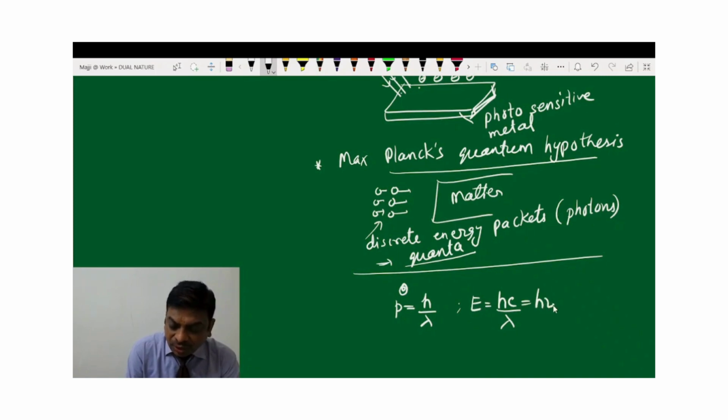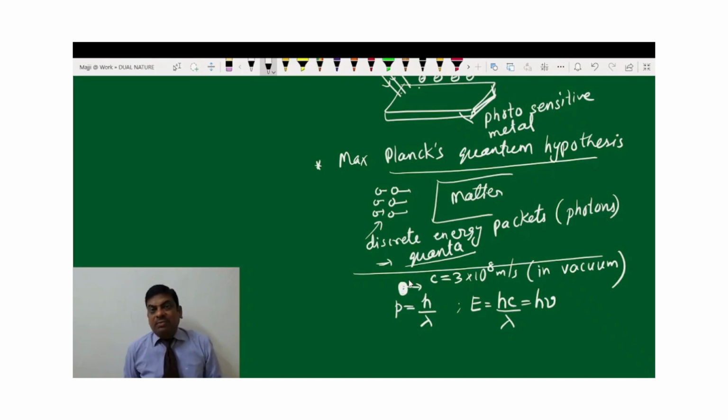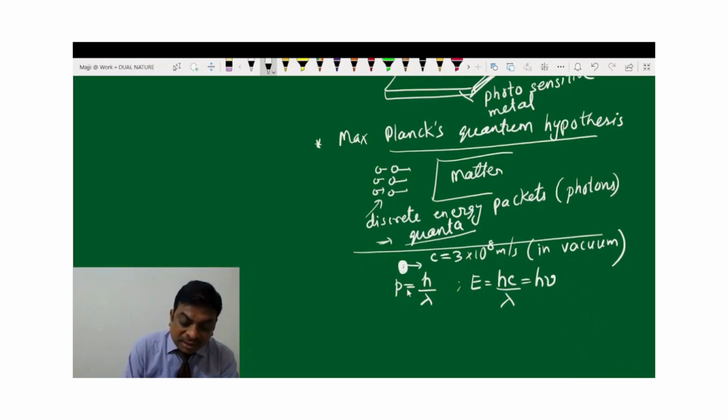They keep moving with a speed equal to that of light, that is 3 into 10 power 8 meters per second in vacuum. So for all practical purposes, we'll assume that when light interacts with matter, it interacts in the form of photons, and these photons can be treated as material particles of momentum h by lambda and energy h nu.